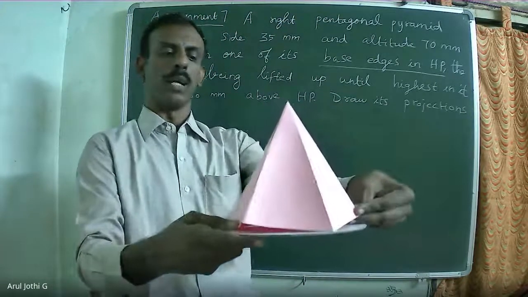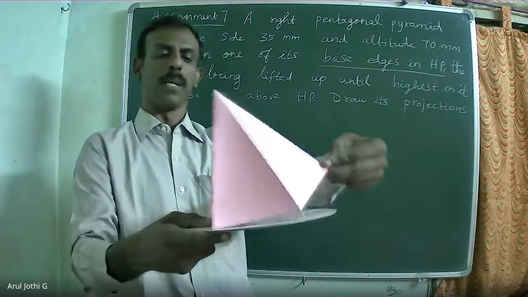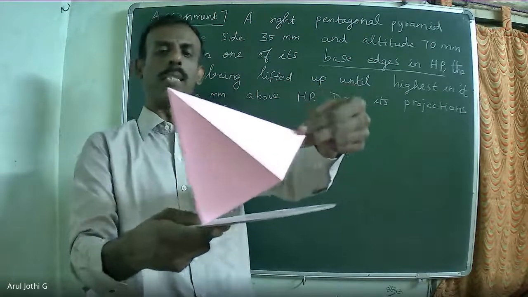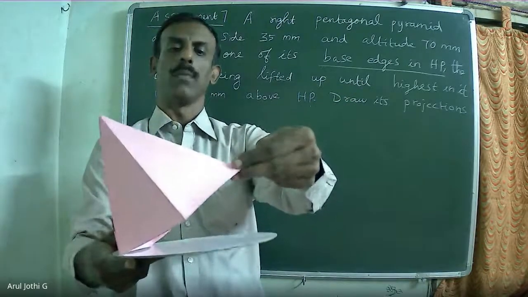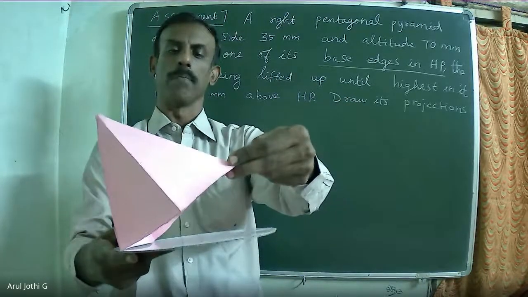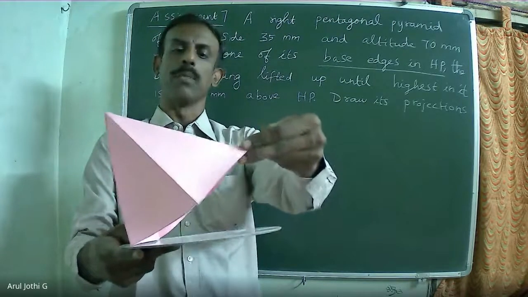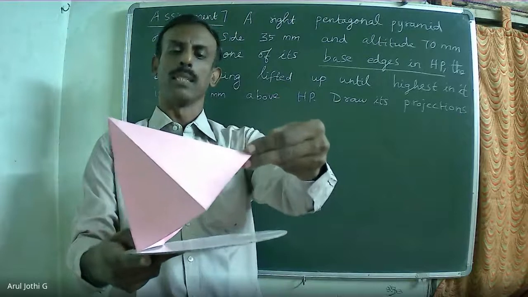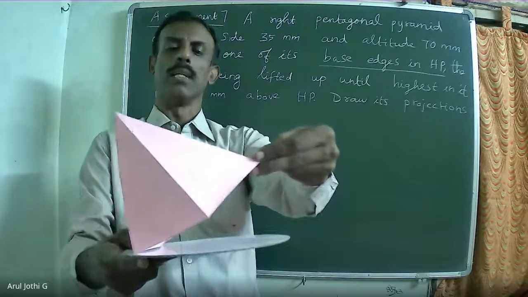Just lift this corner point, the highest point of the base. All other points are available below this point only. Now this point is lifted to a height of 30 mm above the base so that the axis is inclined to HP, with one of the base edges resting on HP.